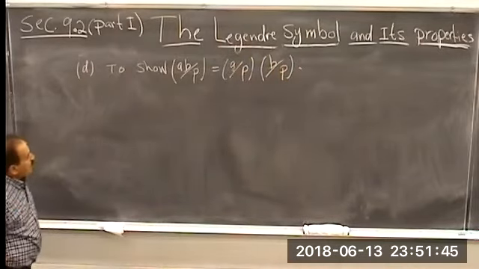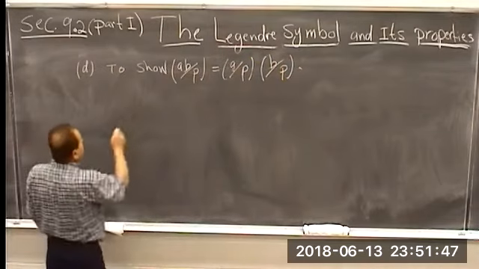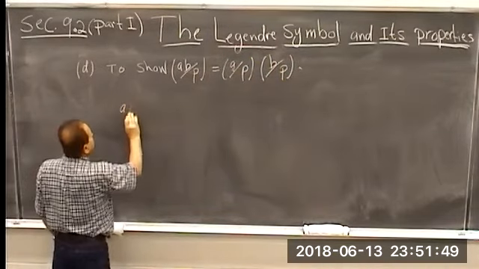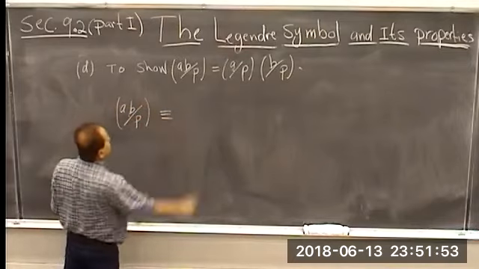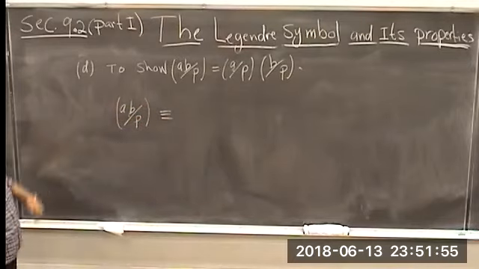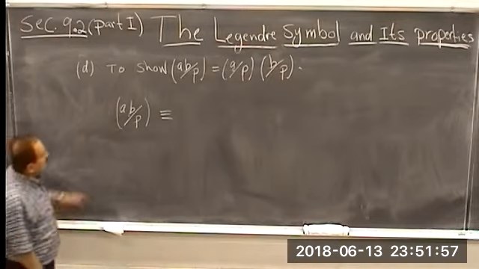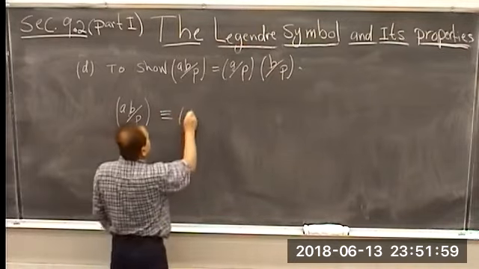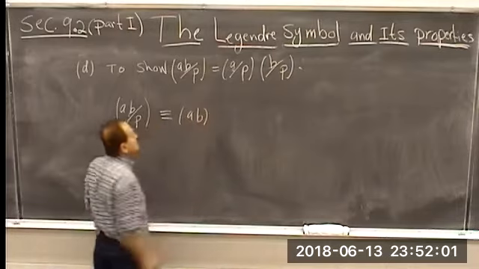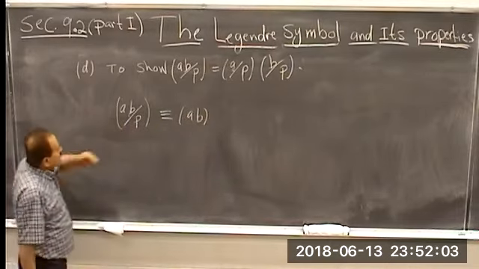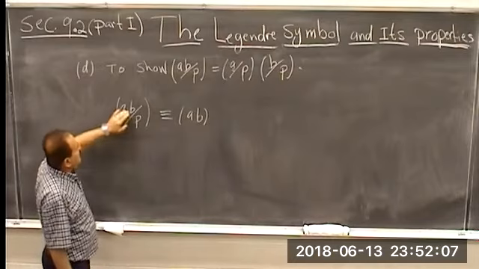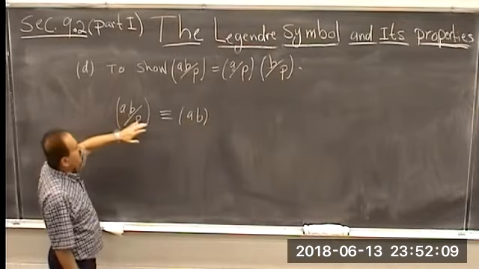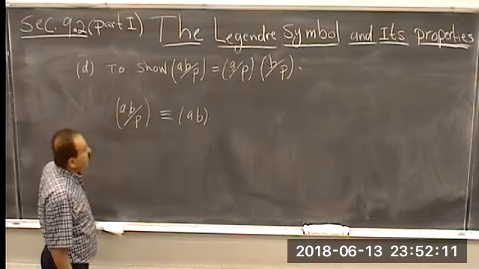All right, let's look at this. By part C, that is Euler's criterion, this one is congruent to (AB) to the (P minus 1)/2. Now remember that if A is relatively prime to P, and B is relatively prime to P, then their product is relatively prime.